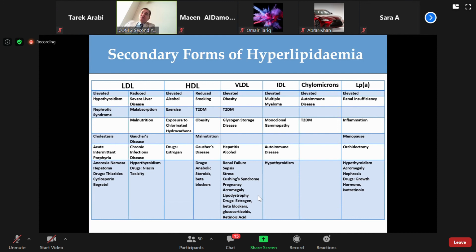I know it's too early for you, but hopefully by the time you graduate, you already remember all these conditions. But for me, at least take the endocrine related conditions and how they change the lipid profile. Okay?